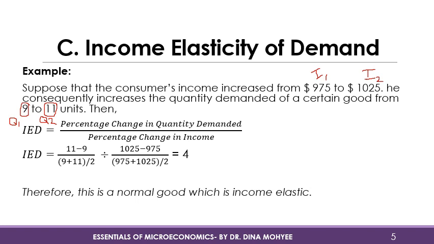Then 1025 minus 975 divided by 975 plus 1025 divided by 2. This is equal to 4. In this case, we can say that this good is a normal good and it is income elastic because it has a positive sign and it is greater than 1.